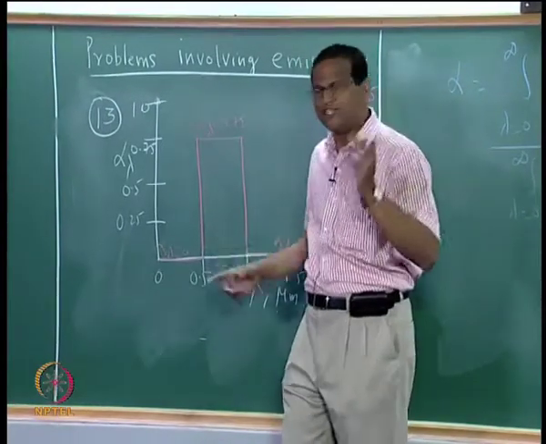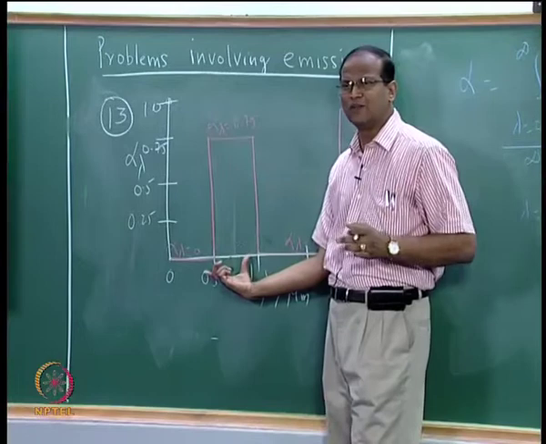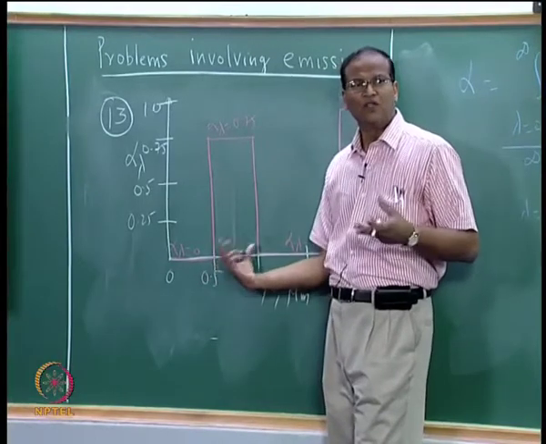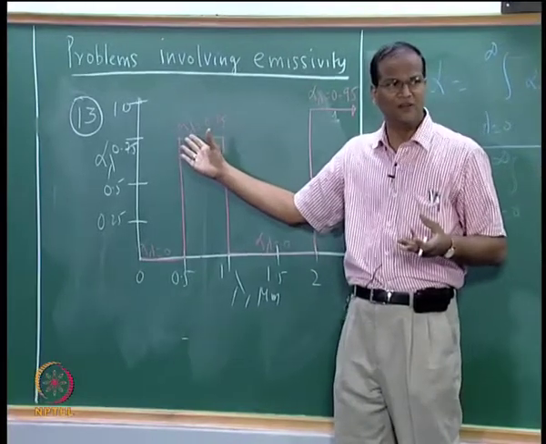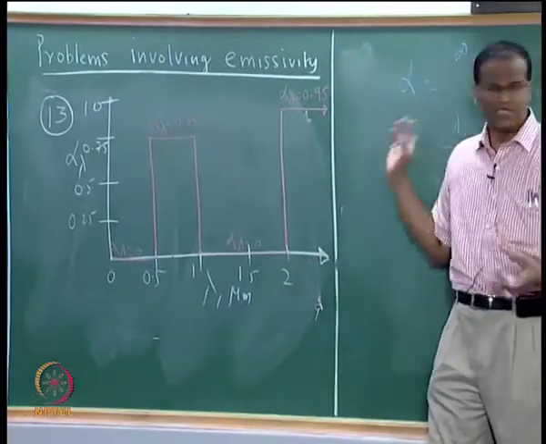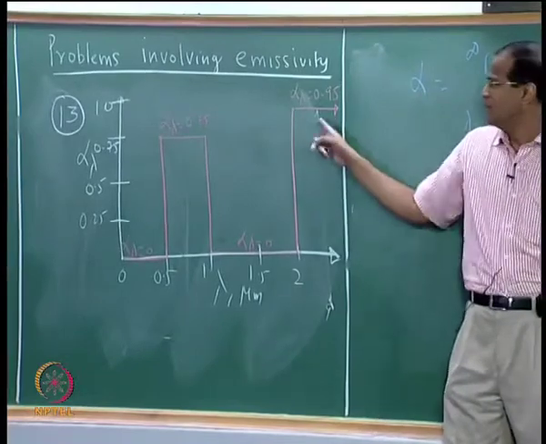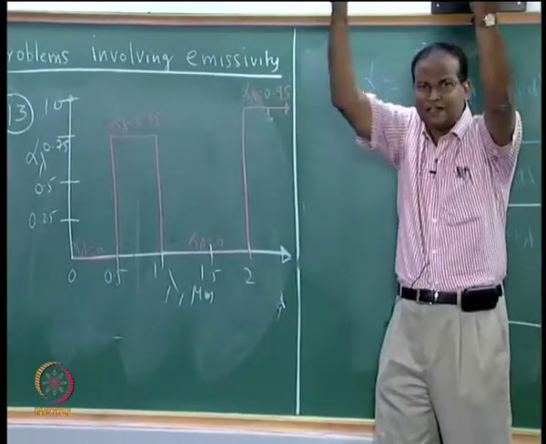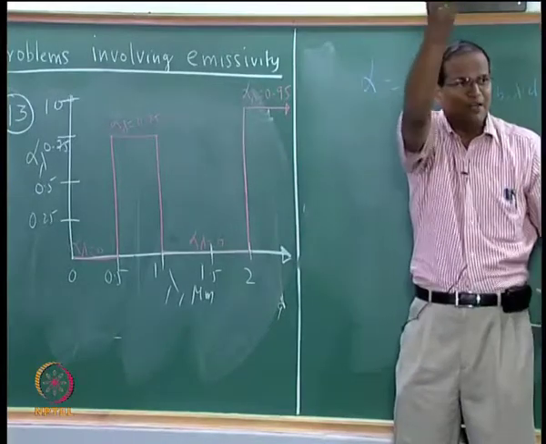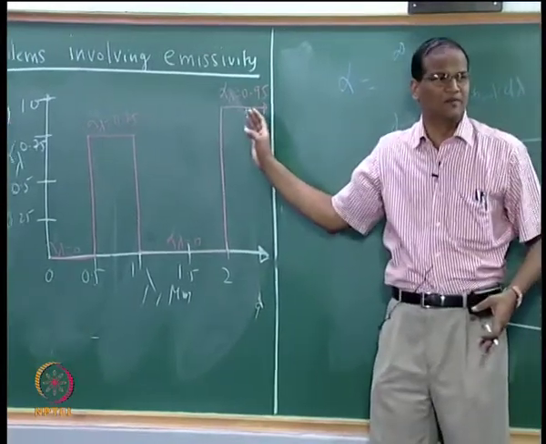If 0.4 to 0.7 were to be 37%, I expect this to be about 50%. Out of that 50%, its efficiency is 0.75. So I will get a value about 0.38 or something, and 2 to infinity is only 6%. Even though it has got a terrific alpha of 0.95, the incoming radiation is not there in that part of the spectrum.